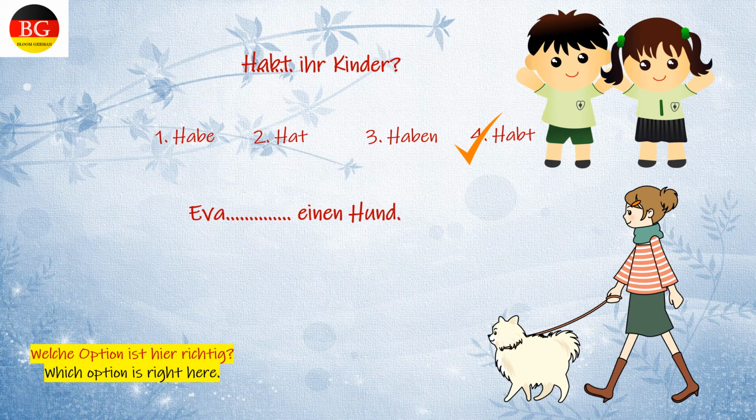Eva ___ einen Hund. Haben, hat, habt, habe. Welche Option ist richtig? Yes, the correct option is option number 4, hat.